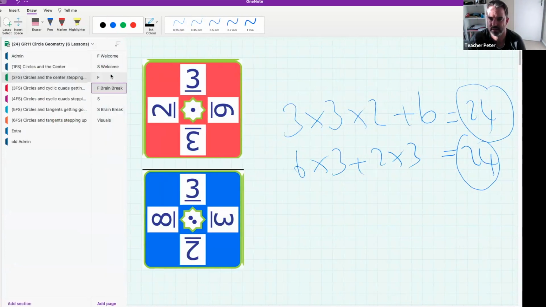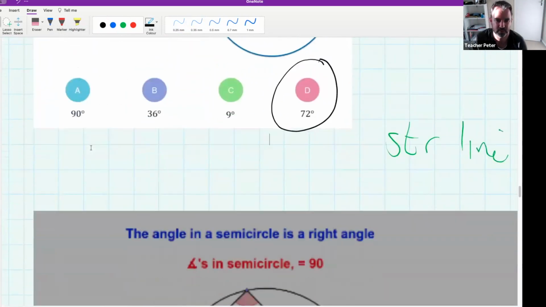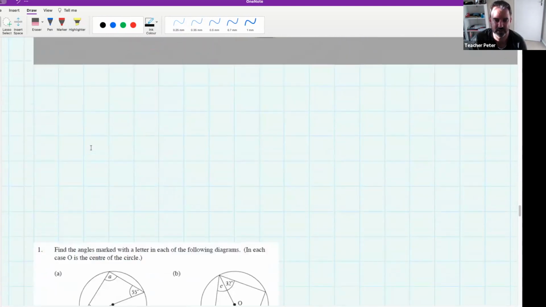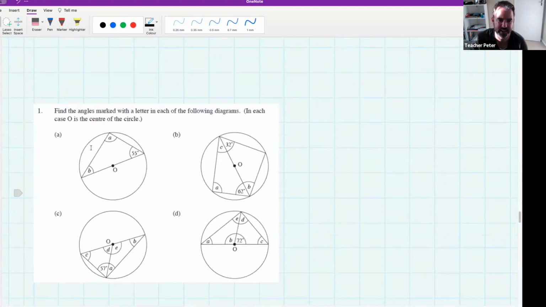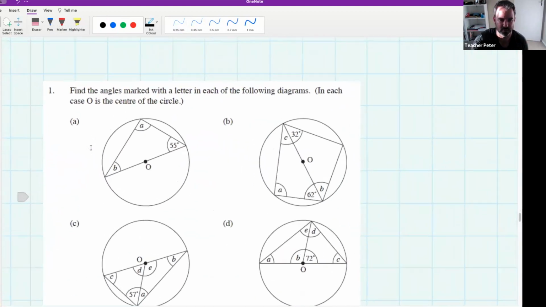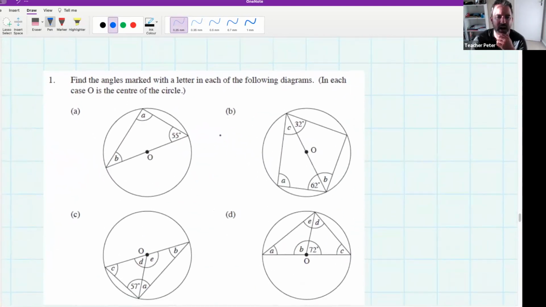So let's do this. Okay, so I told you about angles in a semicircle. Let's have a look at these 4 questions here. I want you to look at this thing, and I want to point out that this is a diameter.